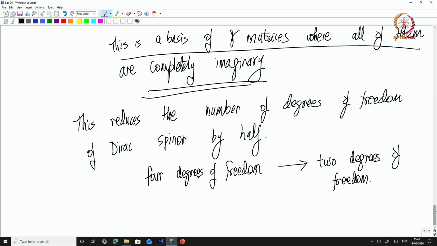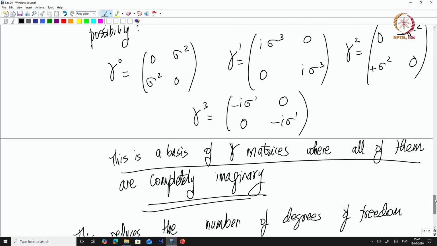So, this is the point. Now, you should also realize that once the gamma matrices are all imaginary, the generators of the group are all real. So, S of lambda is all real.